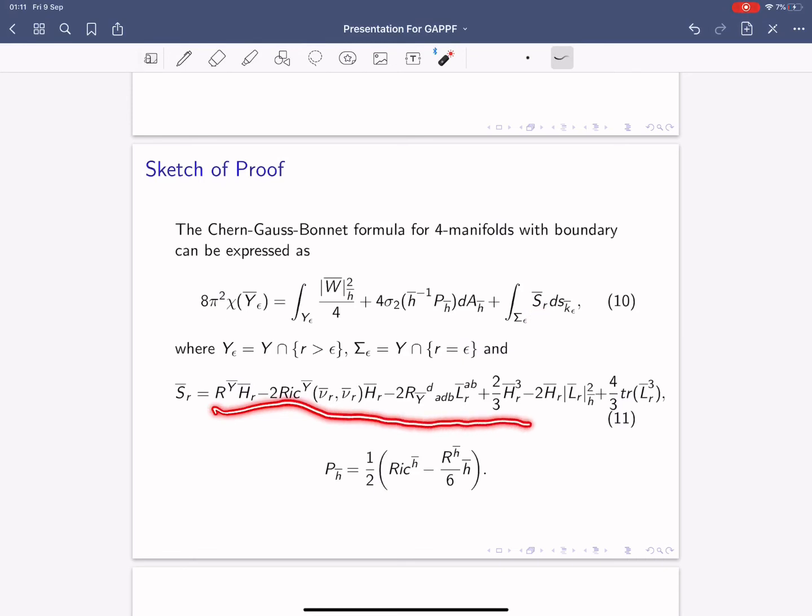It's not too important to see exactly what that is, but it just involves the curvature of the boundary of Y, which I also call sigma epsilon. That's the boundary of Y epsilon. So these are terms basically involving the second fundamental form and the mean curvature of sigma epsilon within Y epsilon.